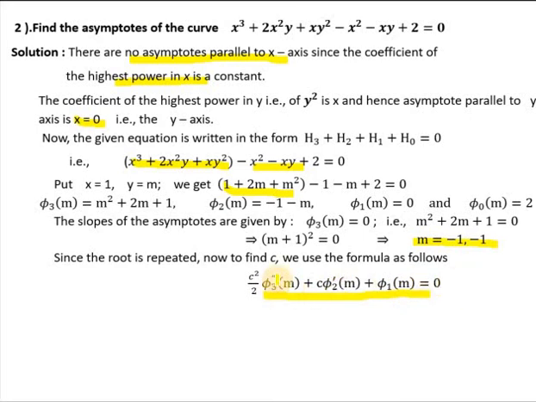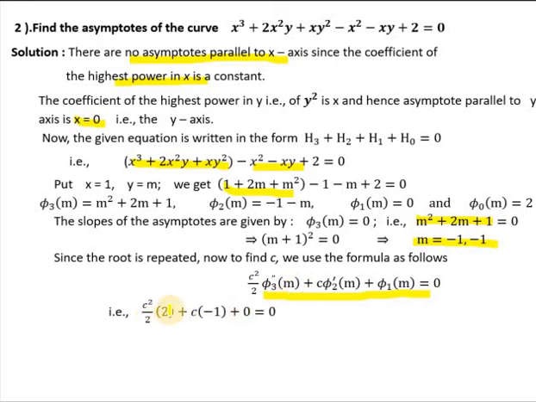Now phi 3 double derivative is nothing but the second order derivative of m square plus 2m plus 1. The first order derivative is 2m plus 2. So again if you differentiate, you will get 2. Hence phi 3 double derivative of m is equal to 2.